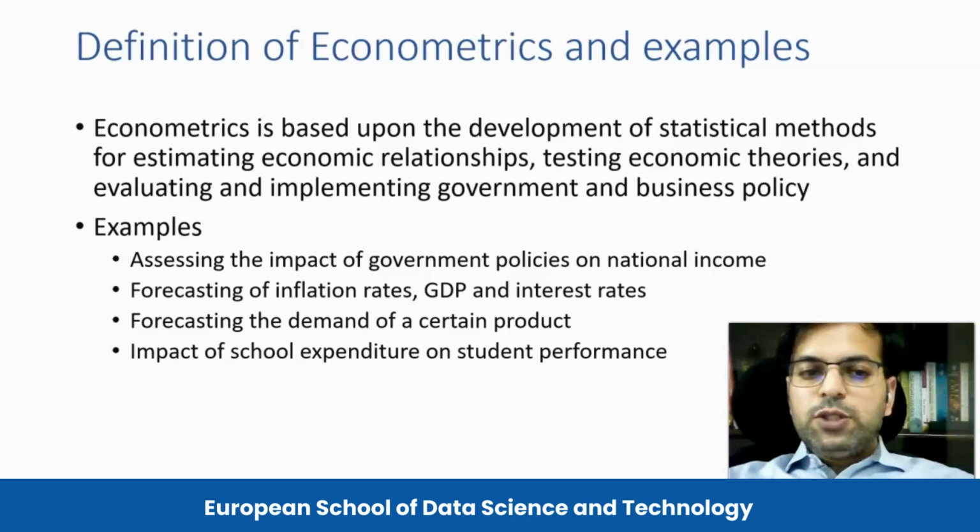Now, if we focus on the first two examples, we are looking at an econometric model from the perspective of macroeconomics. That means we are looking at some economic policy that is influencing a larger section of the population or the entire population per se, and that is why it belongs to the macroeconomics side of econometric modeling.